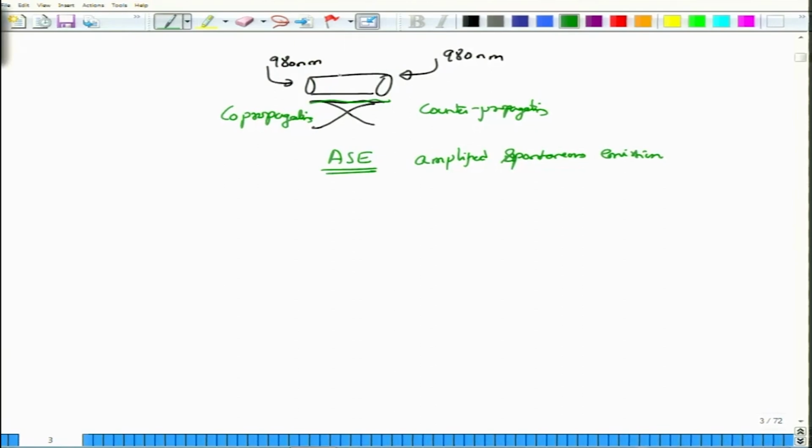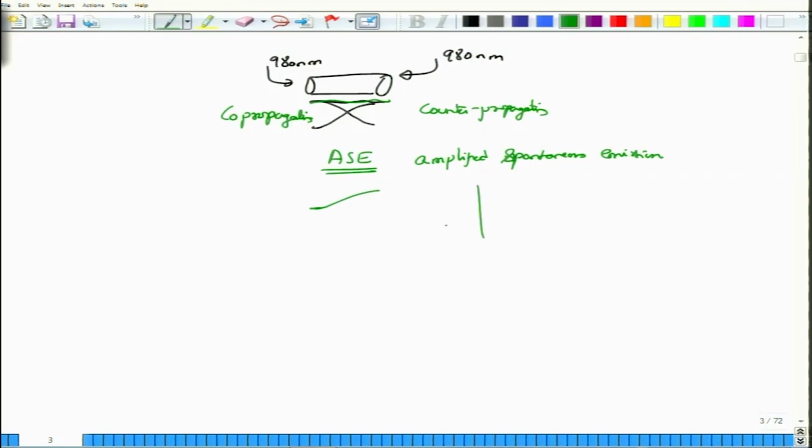At the end of the day, the erbium doped fiber only cares about the energy. So as this spontaneous emission induced photon falls down, it will also induce some amount of stimulated emission photons to follow through. The result is that the noise level, which starts off small, will eventually build up into a reasonably large level.